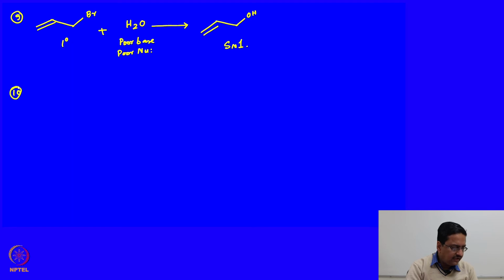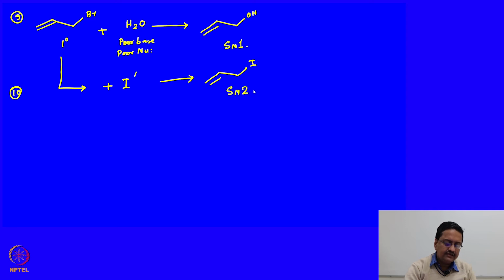In reaction 10, if you treat this compound with I minus, you would get the iodo substituted compound by SN2 mechanism, because iodide is a better nucleophile.